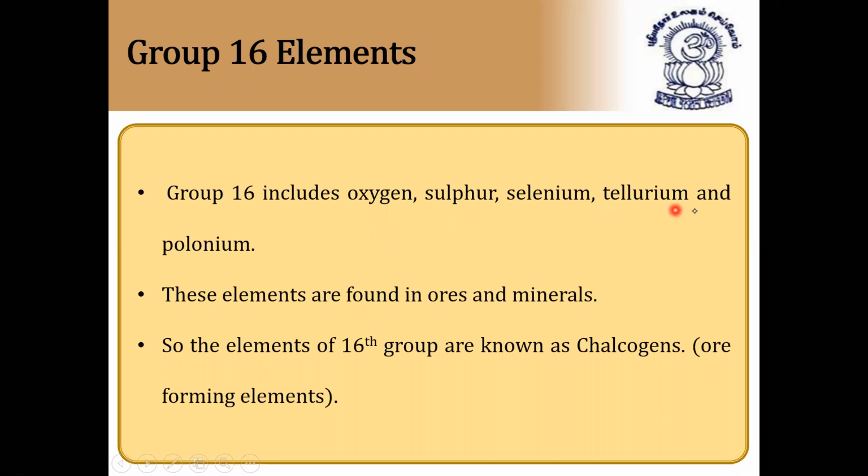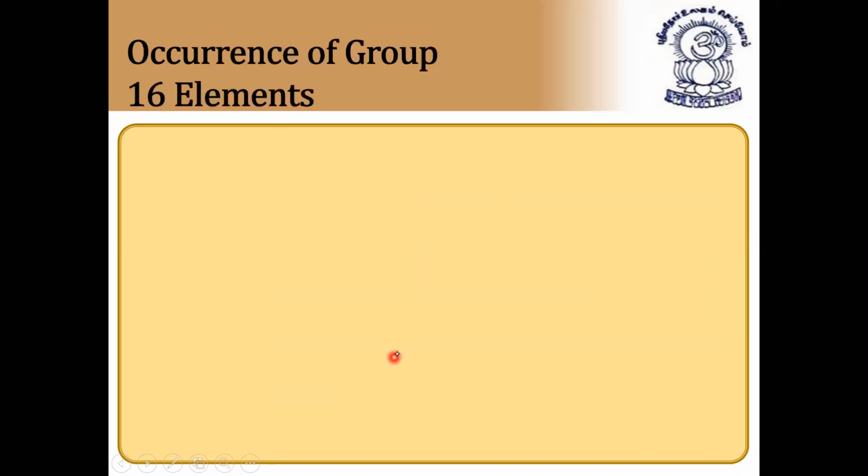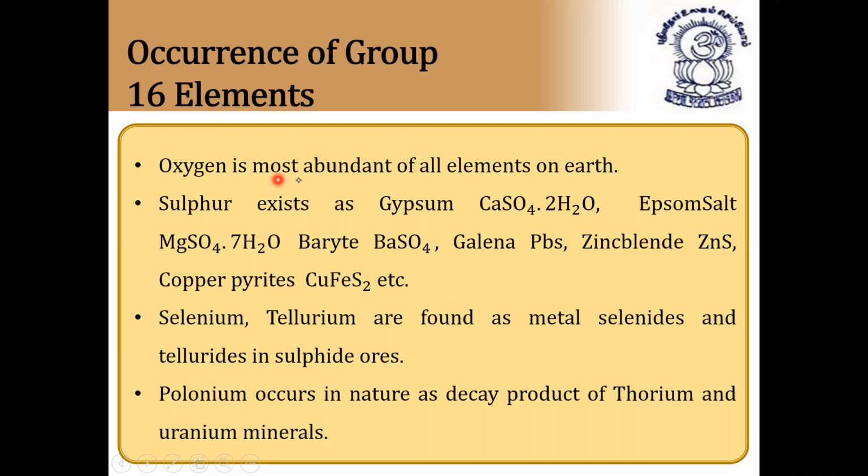Now, oxygen is the most abundant of all the elements in the Earth's crust. Even though nitrogen occupies 78% by volume of air, the most abundant element on Earth's crust is oxygen, because in air it is 21% by volume, in sand it is in the form of silicon dioxide, and in river water and sea water it is in H2O. Everywhere oxygen is present. Without oxygen it's very difficult.